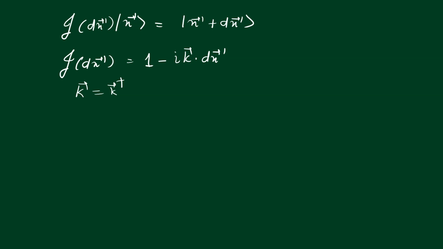Now you might wonder why I have an i here. We could simply say that this translation operator is 1 minus some J vector dot dx vector prime. This could have something to do with the generator of the translation, etc. But then we'll see that if these properties have to be satisfied, J vector has to be anti-Hermitian. So we take this i out here to make this operator a Hermitian operator.